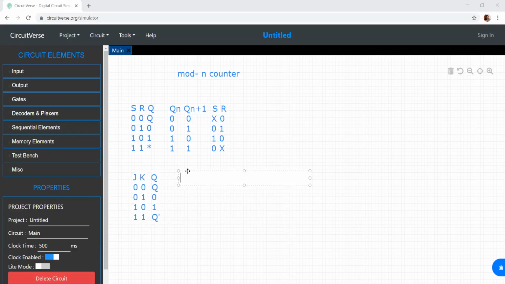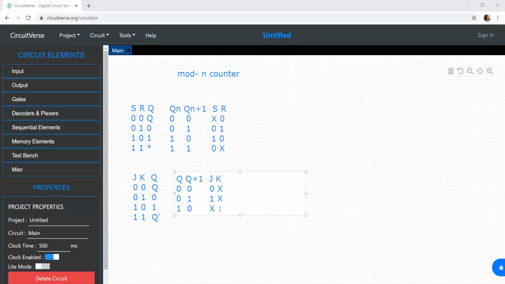So this is the truth table for JK flip-flop. Now what about the excitation table for JK flip-flop? Again, the excitation table will have the inputs Qn and Qn plus 1, and the outputs J and K. If Qn and Qn plus 1 is 0, 0, J will be equal to 0 and K will be equal to X. If Qn is 0 and Qn plus 1 is equal to 1, JK will be equal to 1 and X. Next combination is 1, 0, which gives X and 1.